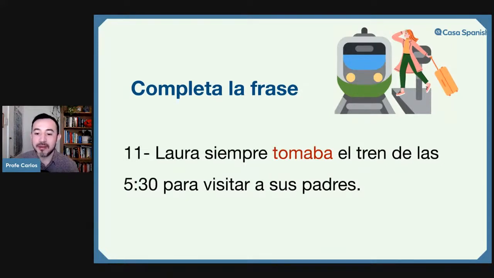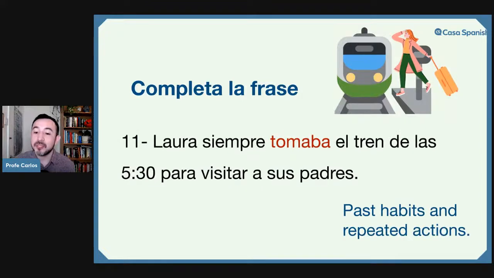Just a quick reminder that para, always remember para visitar. When you talk about the objective of something, we use para with that infinitive, para visitar a sus padres. Excellent. And we're talking about past habits, of course, and repeated actions.